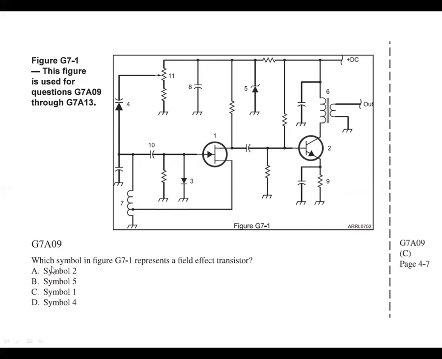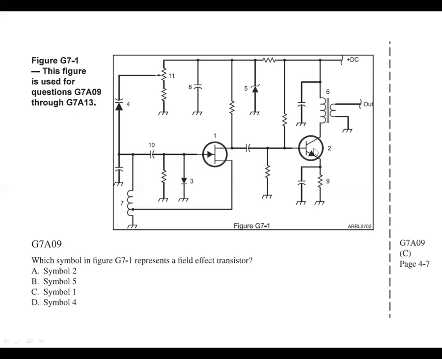So we take a look at this schematic, and the question is, what represents a field effect transistor? First thing we look at is there are 2 transistors there, and they're different. One's probably a BJT, bipolar junction transistor, and one's an FET, field effect transistor.